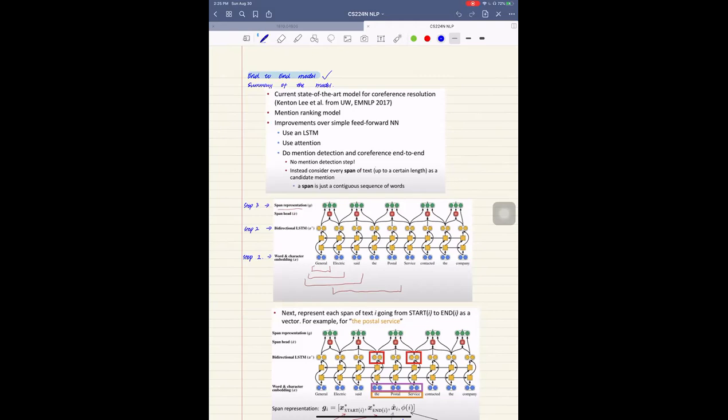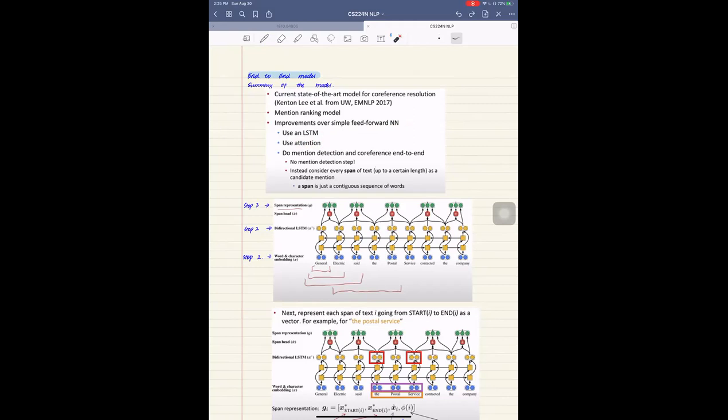To summarize, first of all, this model uses an LSTM. Second, it uses attention, which is a really special feature of this model. Overall, it's a feed-forward neural network with those two. The unit of the output is not a single word anymore.